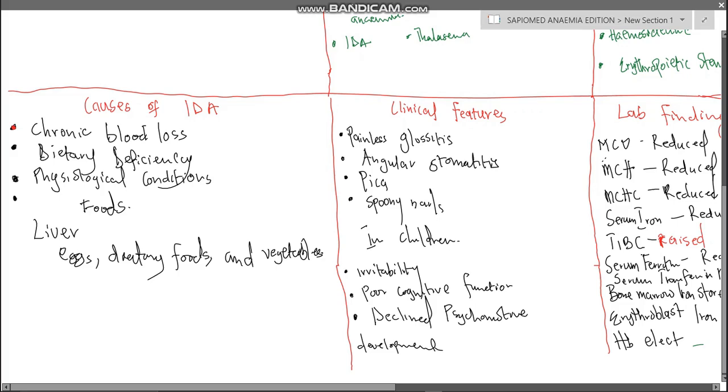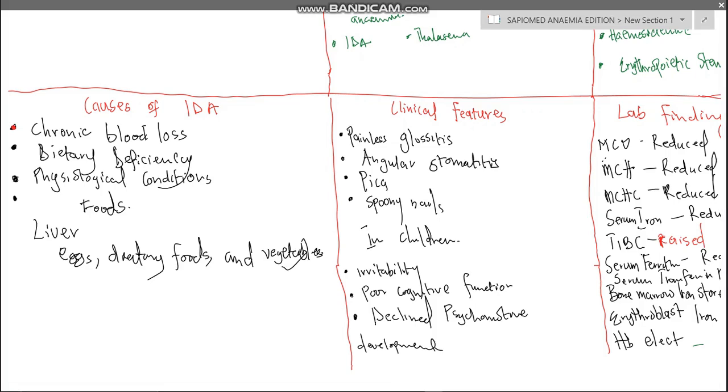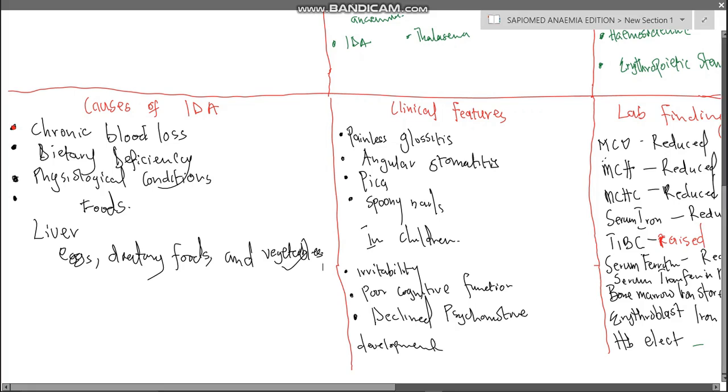Alright. So it means those who don't take vegetables and the others are also likely to get iron deficiency anemia. It's not specific though, but we can say that these are the foods that are rich in iron, especially the liver.